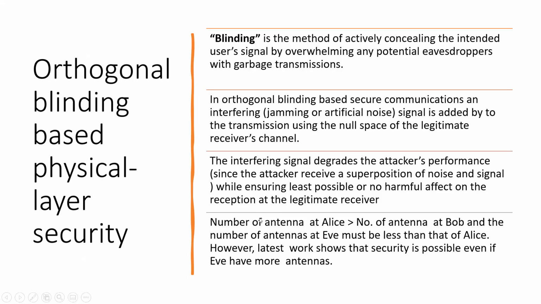One of the assumptions is that the number of antennas at Alice should be greater than the number of antennas at Bob to enable the null space of the channel. Initially, it was also assumed that the number of antennas at the eavesdropper should be less than at the legitimate transmitter.